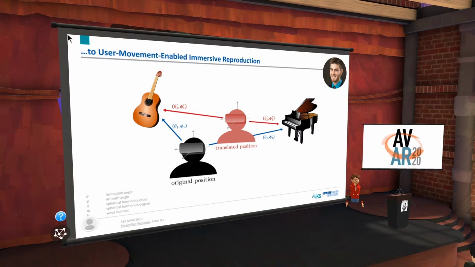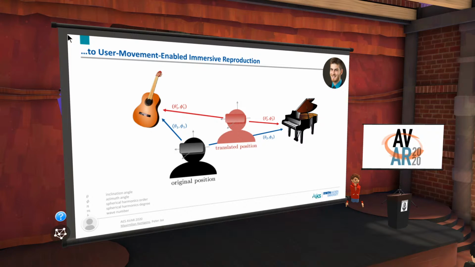This means that the user can approach sound sources so that they get amplified or attenuated, and the direction also changes. Such a system can be called six degrees of freedom, or, if the translation is limited to a region around the original position, 3DOF plus.